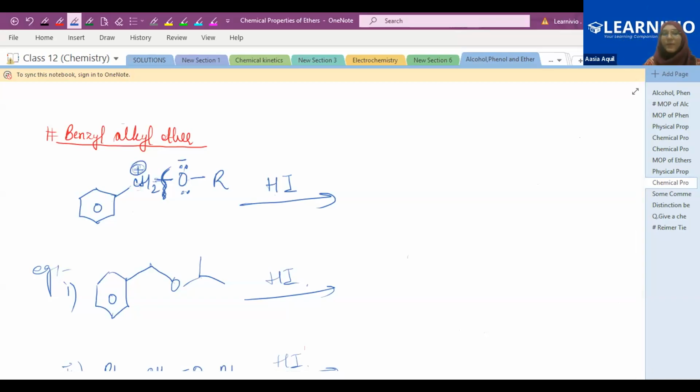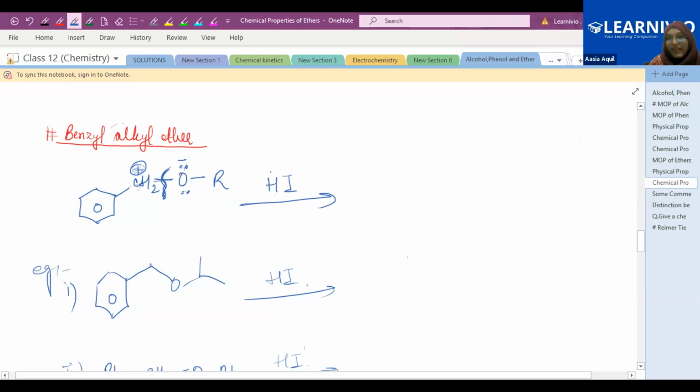That's why the bond will break here. This benzylic carbon and oxygen bond will cleave, not this one. So in benzyl alkyl ether, you cleave the benzylic carbon and oxygen bond, not the alkyl one. Just keep this in your mind, because the benzylic carbocation is very much reactive.